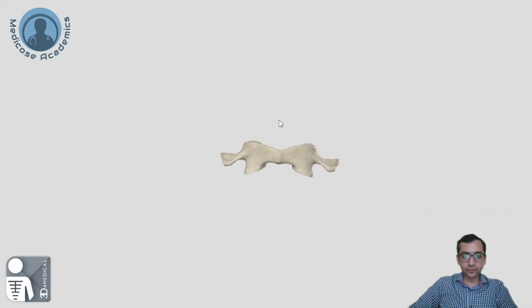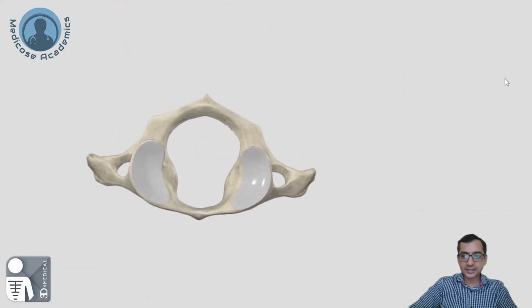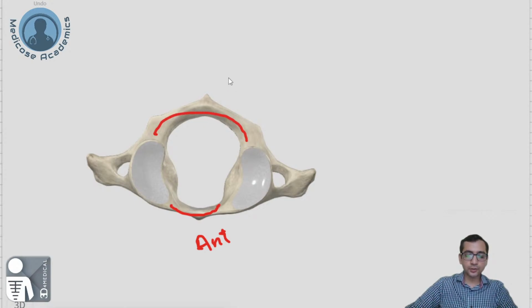If you look at this part here, it is divided into two arches. There is an anterior arch and there is a posterior arch. You can extrapolate all the information from this picture.